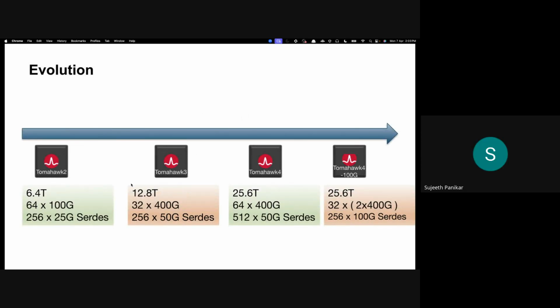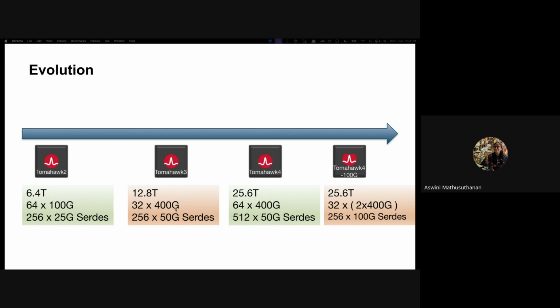Yeah. So let's start with the presentation. This slide just shows how the evolution happens through different chips. We are going to focus only on Tomahawk 3 and 4, which are used by Glacier and Monterey respectively. Looking at the chip capacity, TH3 is 12.8 Tbps and TH4 is 25.6 Tbps.